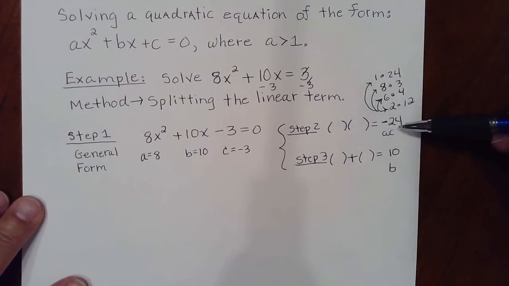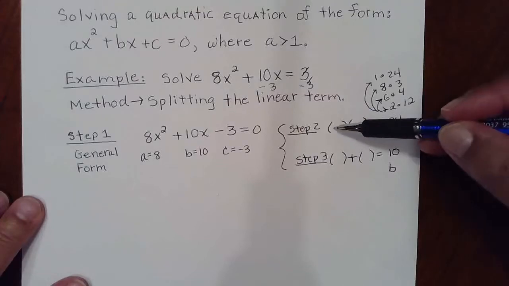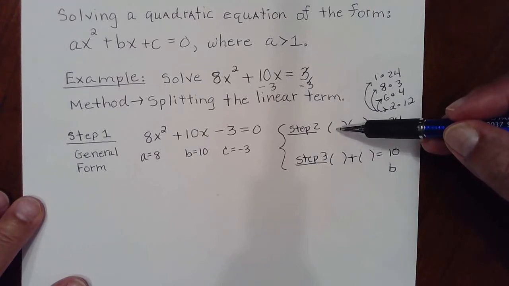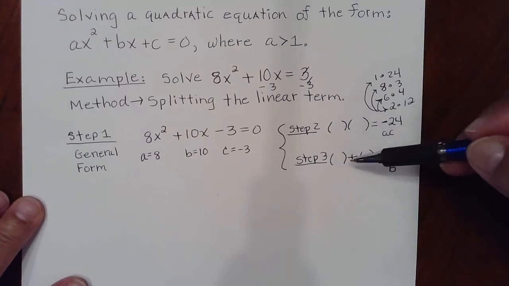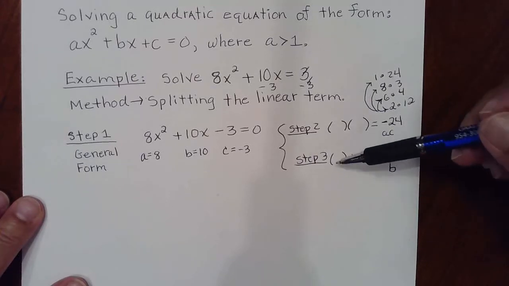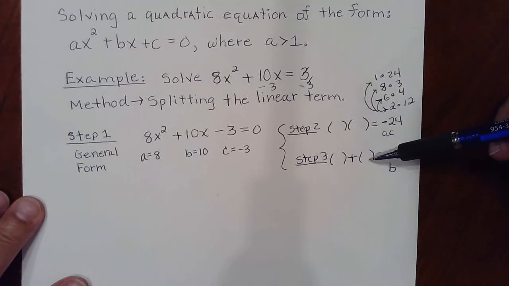If you're getting a product of negative 24, only one of these numbers can be negative. If one of them is negative and one of them is positive, then when you get to this step, you're really going to be thrown into a subtraction situation. Even though the formula says that you should be able to add the two numbers to get 10, one of those numbers being a negative is going to automatically force you into subtraction.